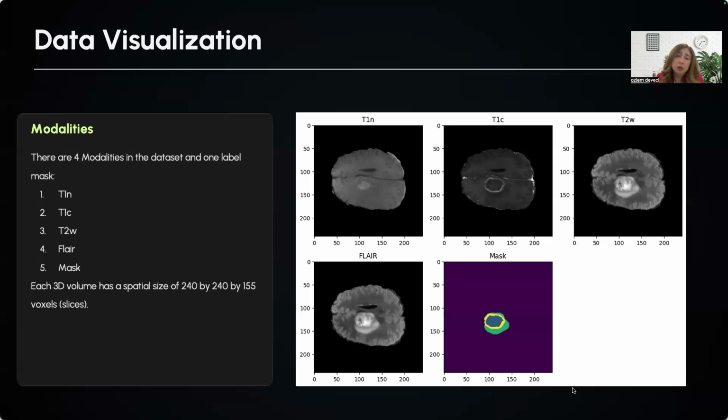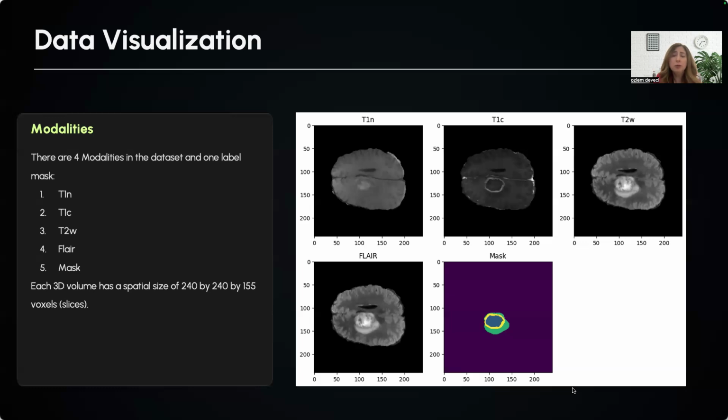T2W, T2 weighted, shows fluid filled and abnormal tissue regions with bright intensities. FLAIR suppresses normal CSF fluid to make edema and infiltrative tumor areas more visible.